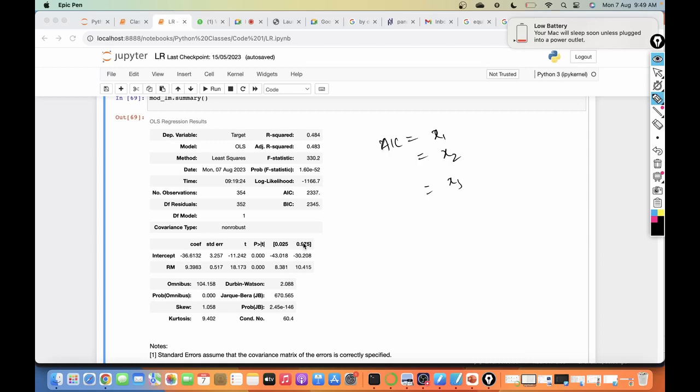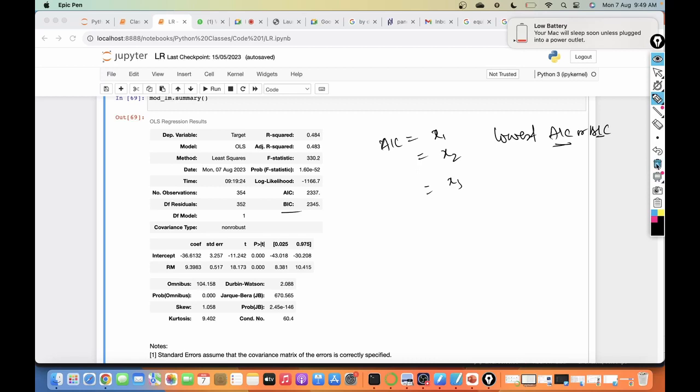You need to select the model which has the lowest AIC or BIC, and between the two we give more preference to AIC.